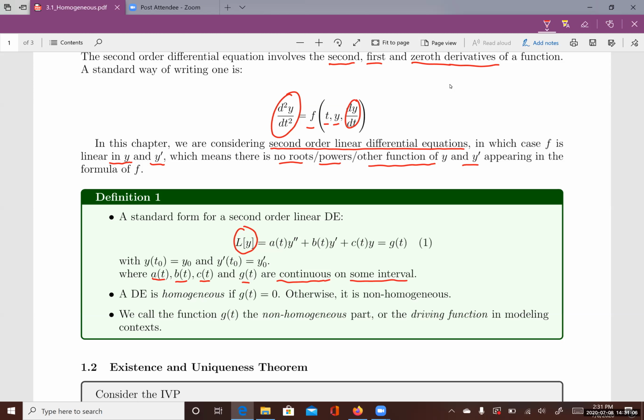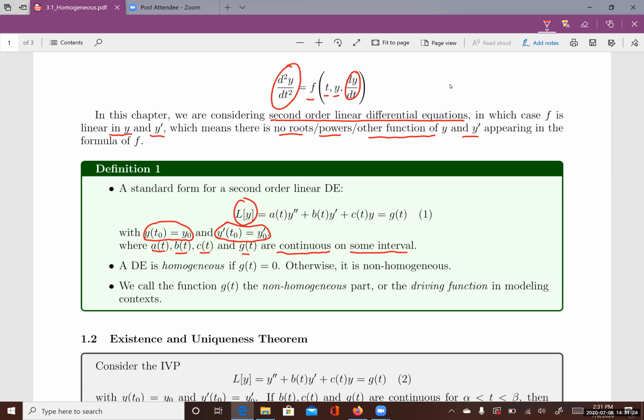And if you have two initial values, y at t0 and y prime at t0, then you have an IVP. Again, this is the standard form of a second order linear differential equation.